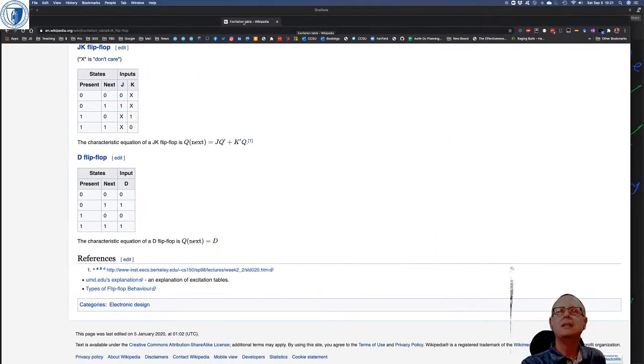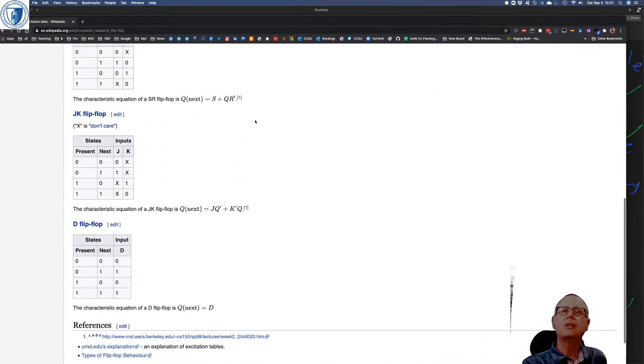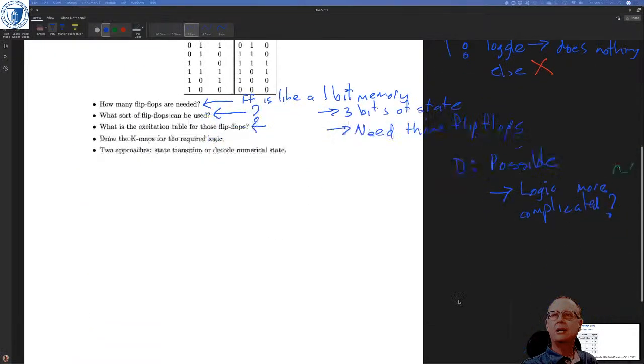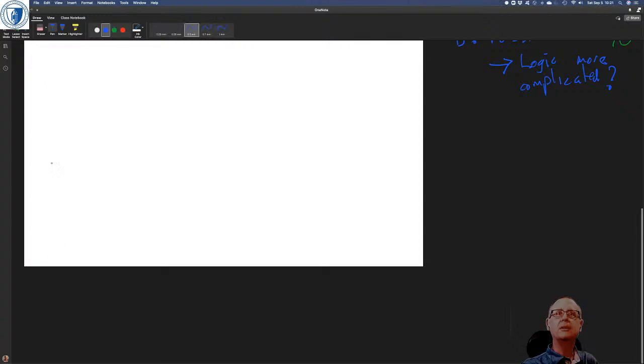Right, and this is a little different from what we had before. Let me just take a screenshot of that, and that way I can paste it into here.